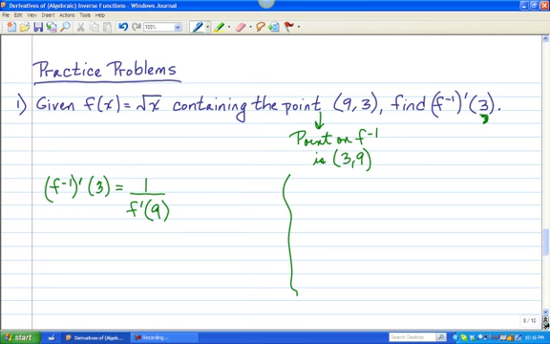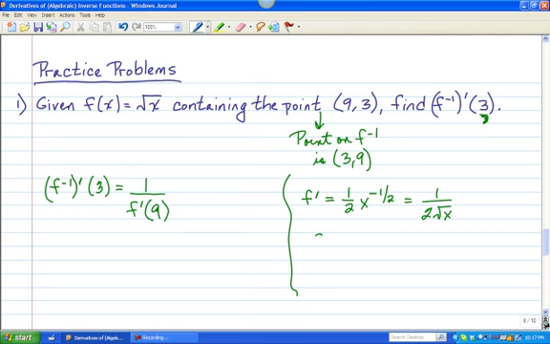So we need to do a little side scratch work and find the derivative. If we think of that original function as x to the 1/2, our derivative is going to be 1/2 x to the negative 1/2, which we could rewrite as 1 over 2 square root of x, just to make it easier to evaluate.